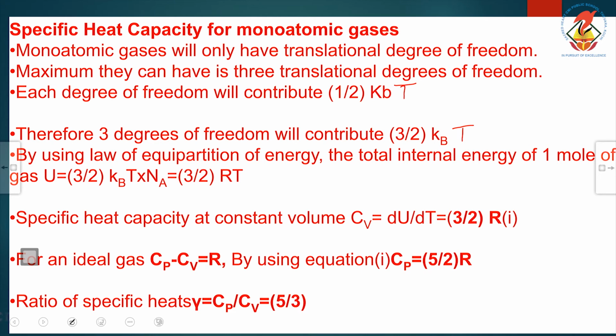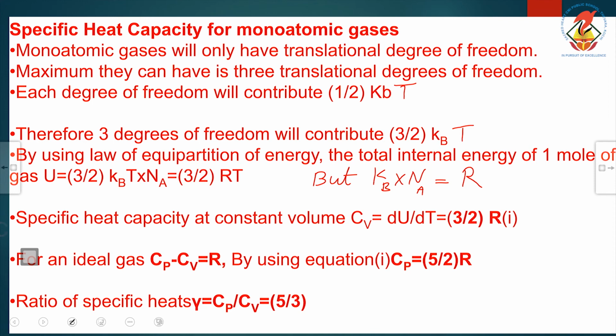That into Avogadro number will give you the energy of 1 mole. Now, what is kB into Na? kB into Na is the universal gas constant, capital R. Therefore, instead of kB into Na, I wrote R. So it will be 3 by 2 RT. That is the internal energy.